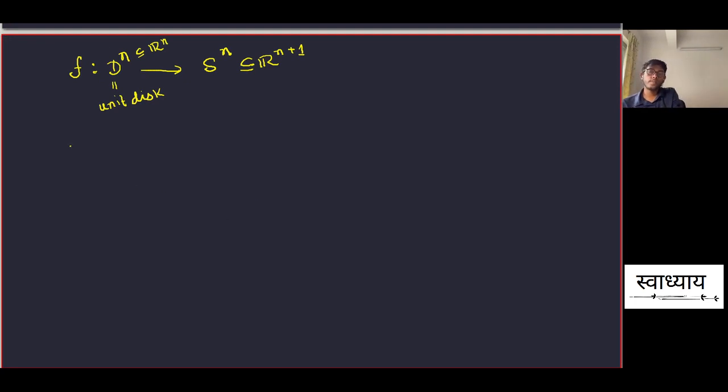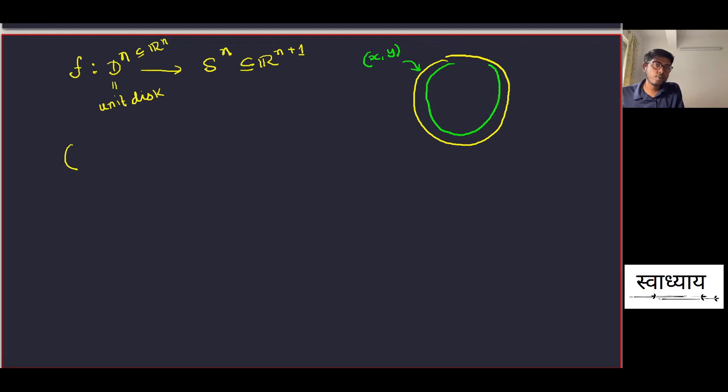I'll take a point X on the boundary, let's say (x, y), and just come to the interior. How will I come? I'll just take t times (x, y), where t is from 0 to 1. So this t determines the radius.